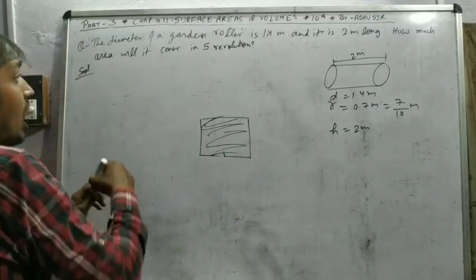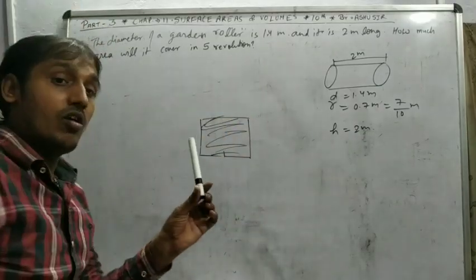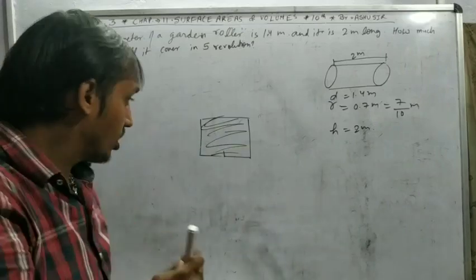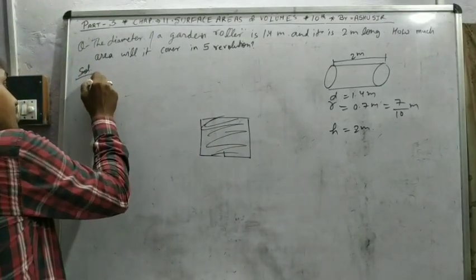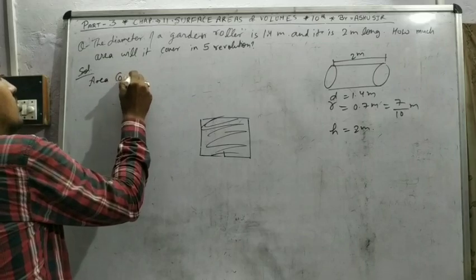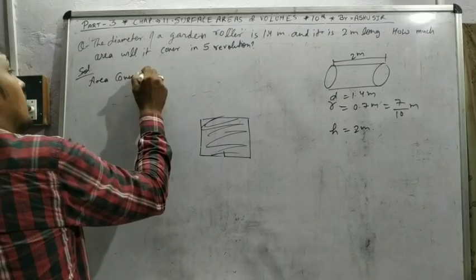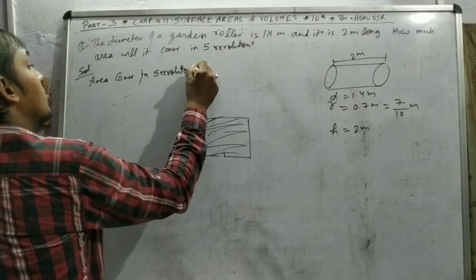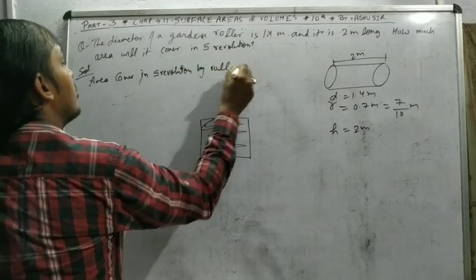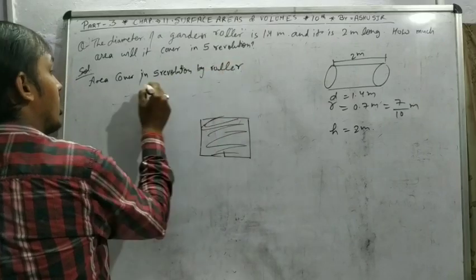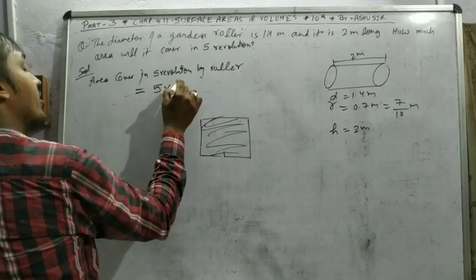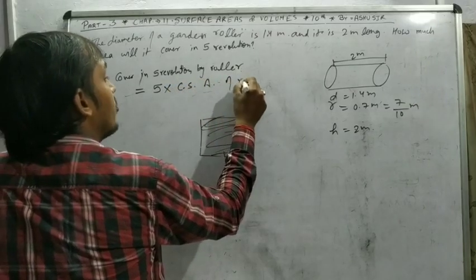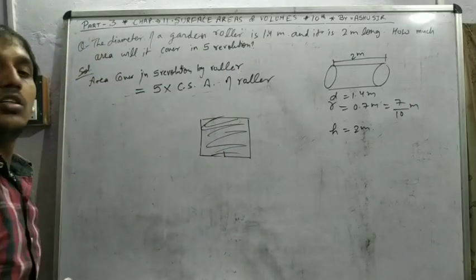It means the area covered in 5 revolutions is equal to 5 curved surface areas of the roller. 5 times. This is 2 times. It means you can say the area covered in 5 revolutions by the roller is equal to 5 into the curved surface area of the roller.